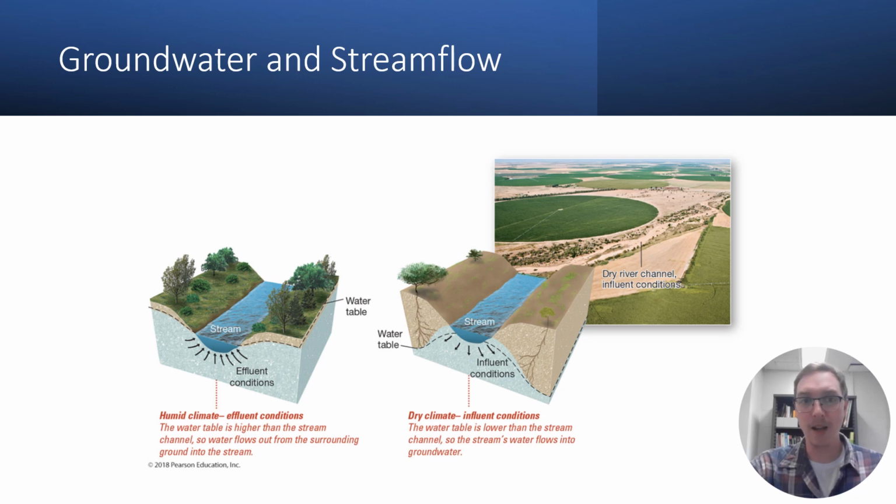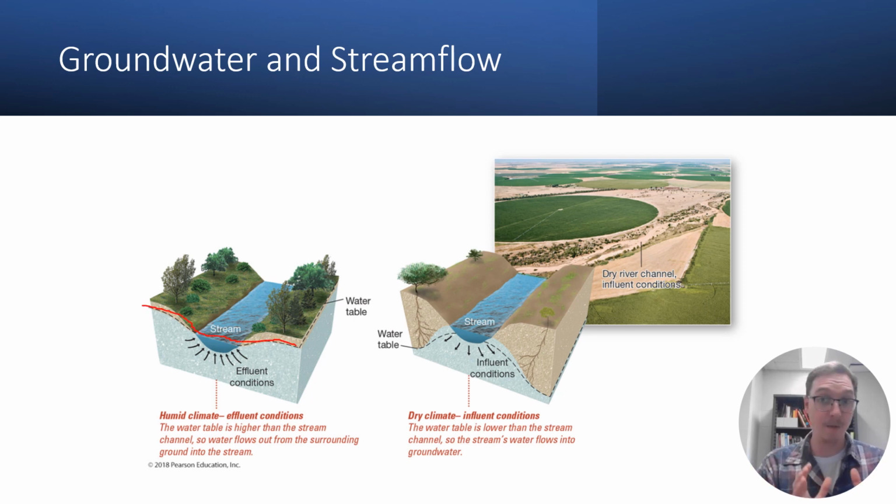So groundwater and stream flow, remember I mentioned exotic streams versus perennial streams. So we call these, depending on the stream, effluent with an EF or influent with an IN. So if you're in a humid climate, you're dealing with effluent conditions. Your water table is being expressed as a perennial stream on the surface.